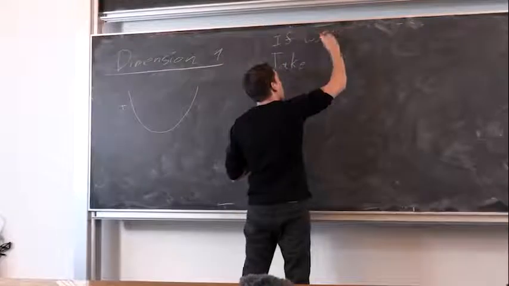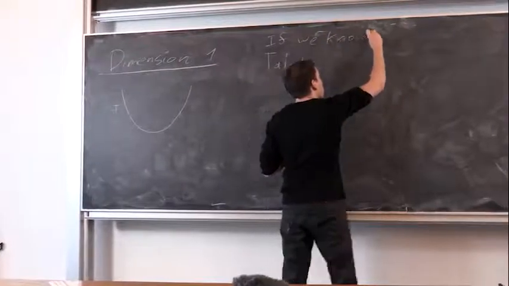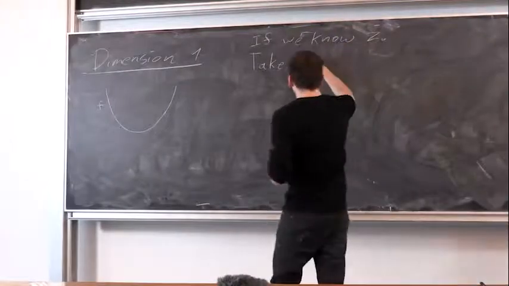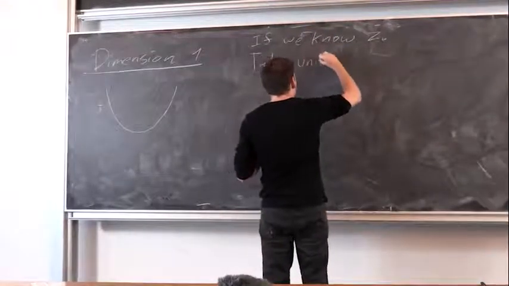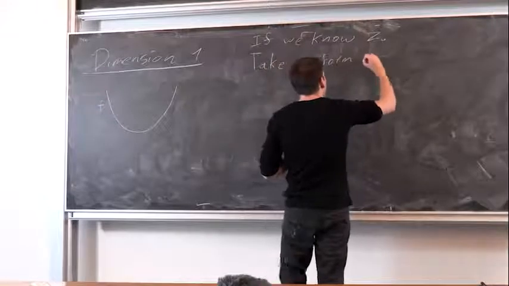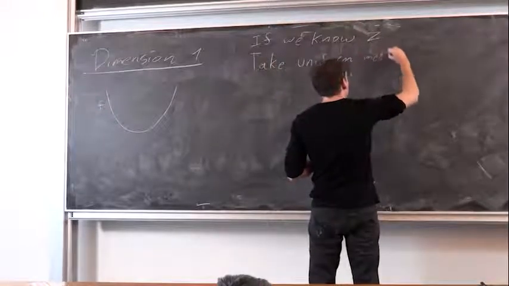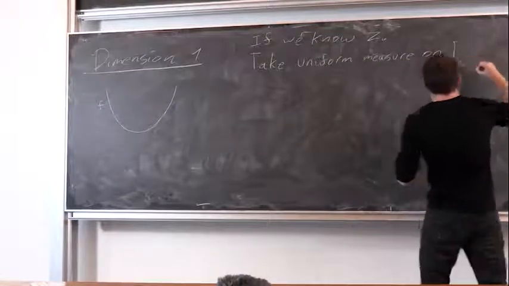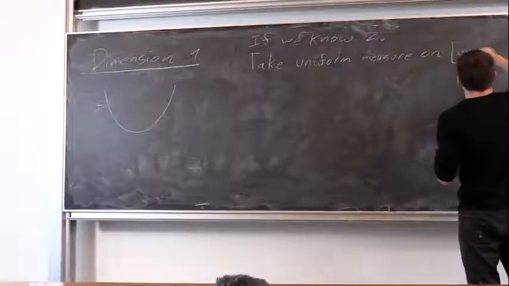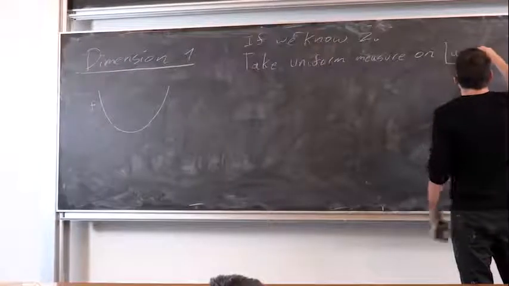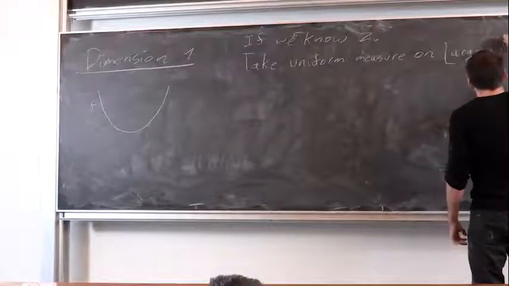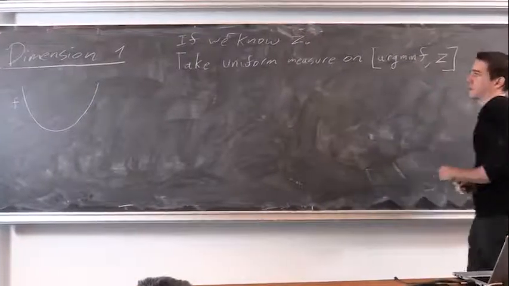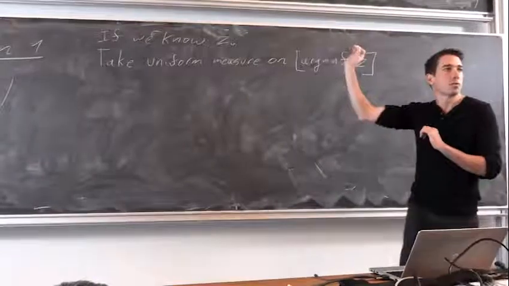So if we know what z is, what we can do is just take the uniform measure on the interval between the minimum of f and z. And this will do the job.